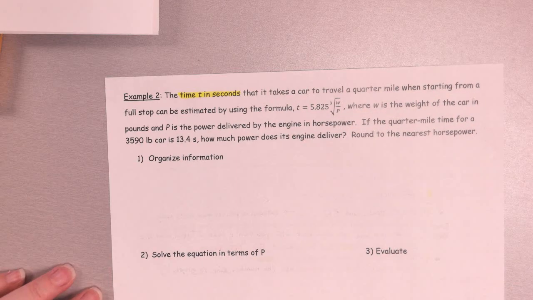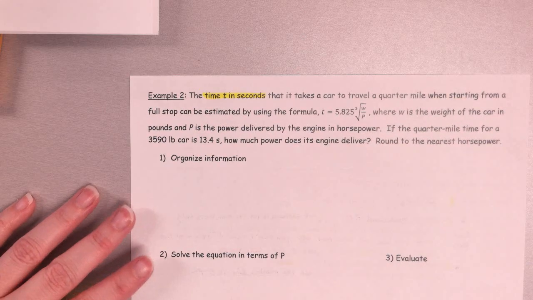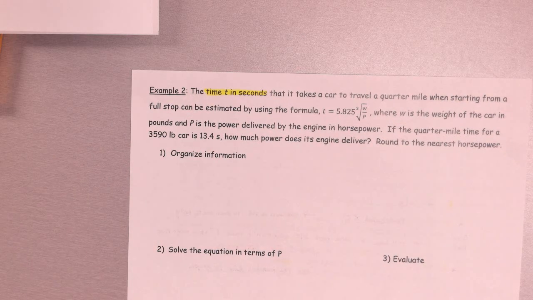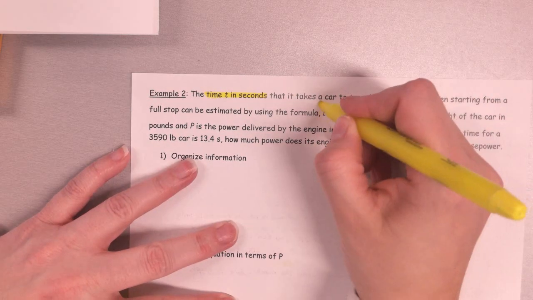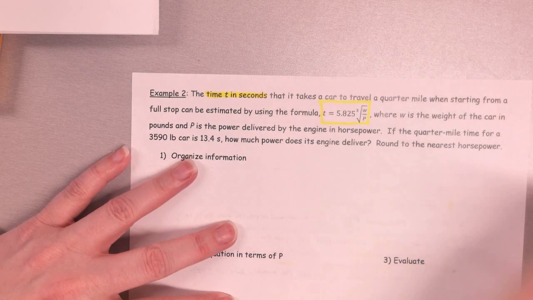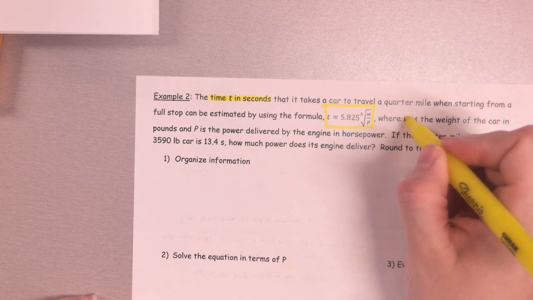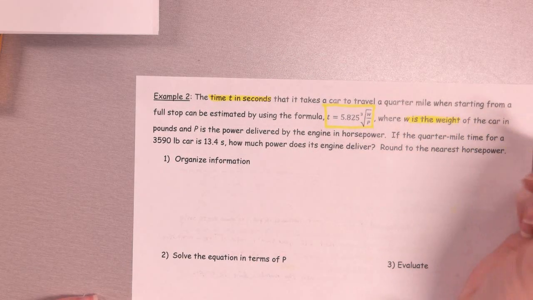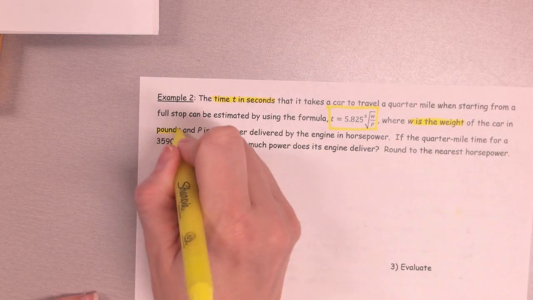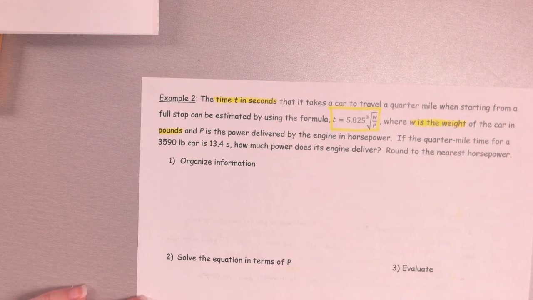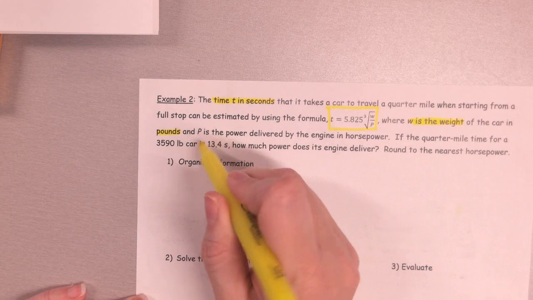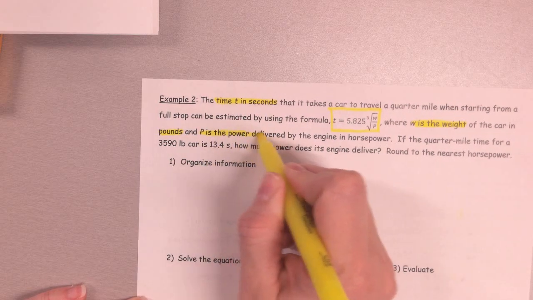And that it takes a car to travel a quarter mile when starting from a full stop can be estimated by using this formula. So that's going to be important. I'm just going to box that in. And then W is the weight of the car in pounds. And then P is the power delivered by the engine in horsepower.